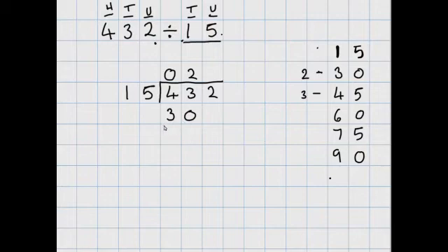That's the reason we do this with the long method: when we get very large numbers for the divisor, it's sometimes more difficult to calculate what the remainder would be at each step, and that's why we have this extra step. It's not necessarily there just to make it look fancy or more complicated. It's there to help us work out what the remainder would be, and we do this by then subtracting the 2 15s away from the 43 tens we had there.